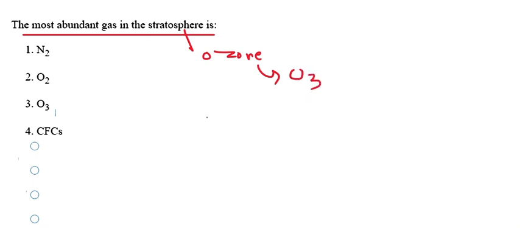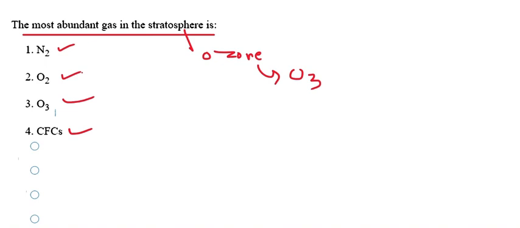In the troposphere, we know that nitrogen is more, and in the stratosphere also nitrogen is more. As we know, in the stratosphere we get the ozone layer, O3, and CFCs.